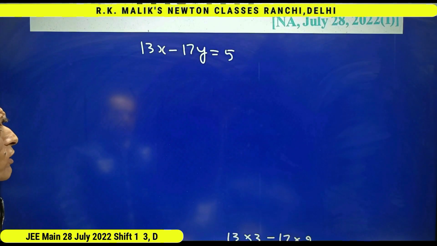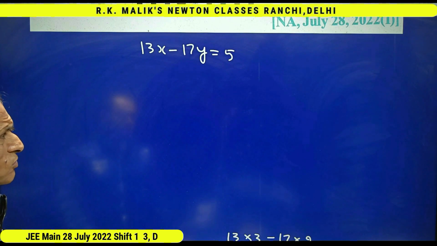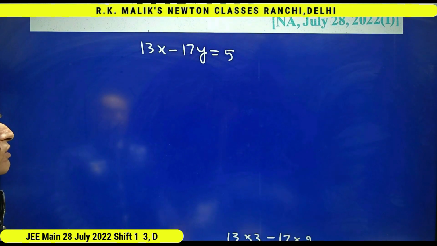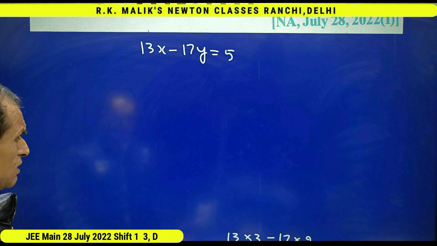And now I am going to tell you the concept of the Diophantine equation. Agreed, it is not in the syllabus of JEE Main, but because the question has come in JEE Main and the common sense way doesn't give a guarantee that you will be able to solve the question, I am going to tell you the standard way of getting all the integral values of x and y which will satisfy this equation.